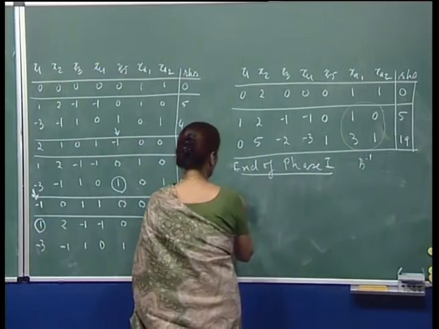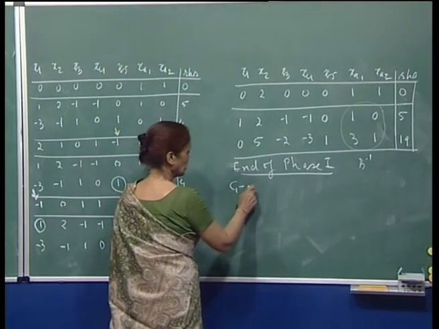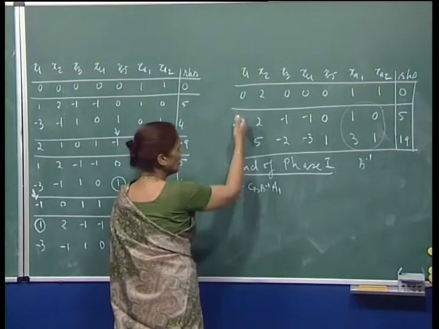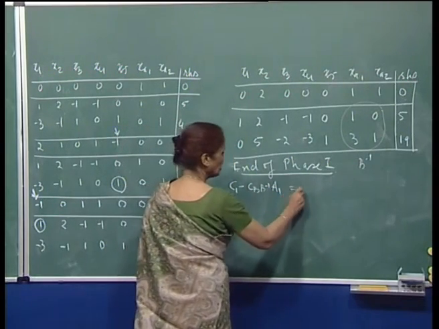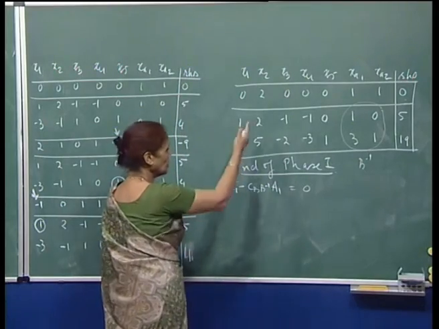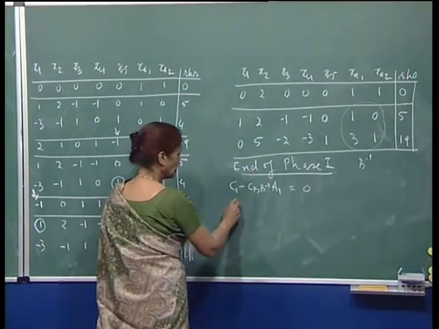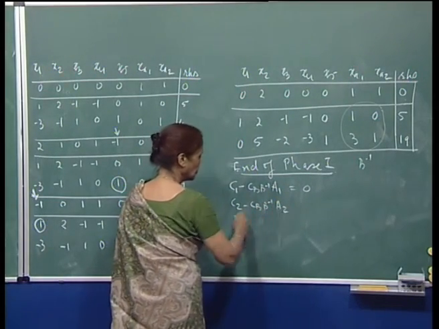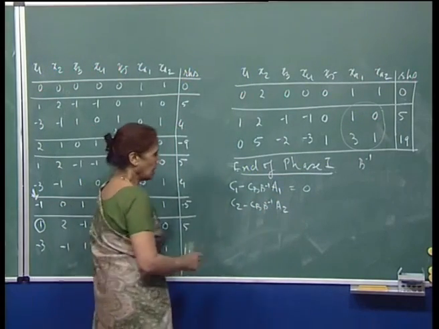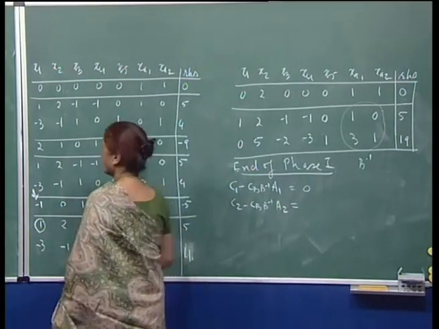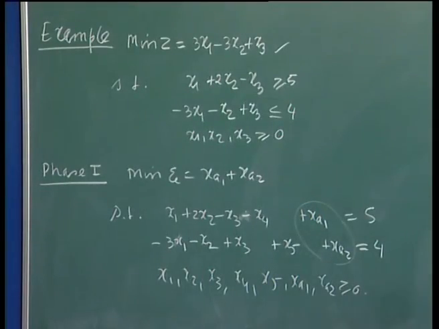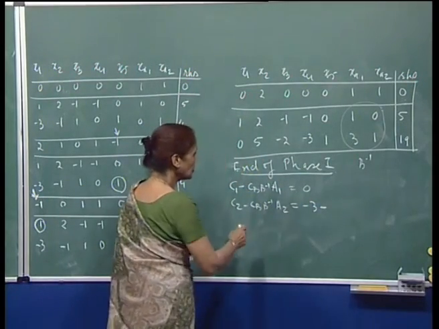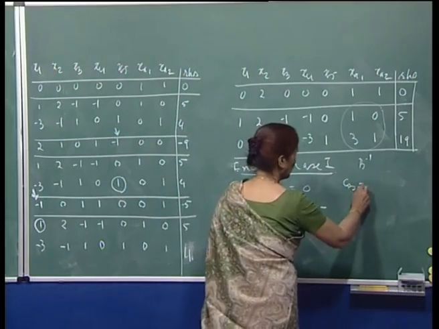So this will be, for example, C1 minus Cb B inverse A1, which of course, since this is a basic variable, is going to be 0. I know it, I don't have to compute it, but if you want to compute C2 bar, that is C2 minus Cb B inverse A2, your C2 is, going back to this, minus 3, minus, now what is your Cb?